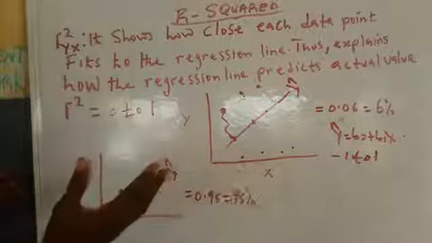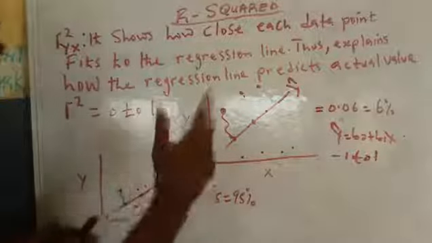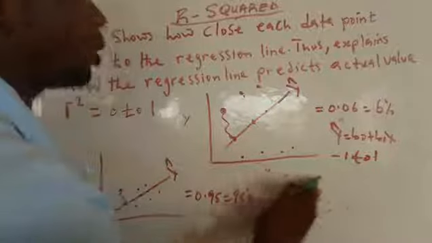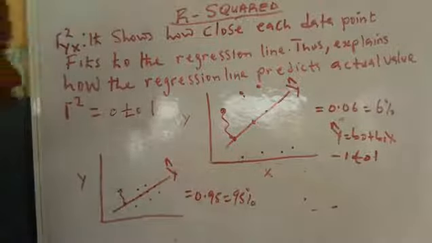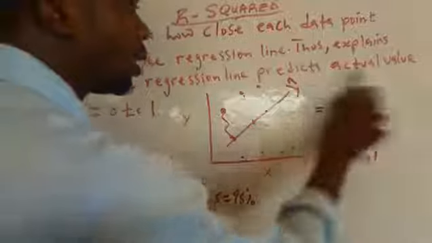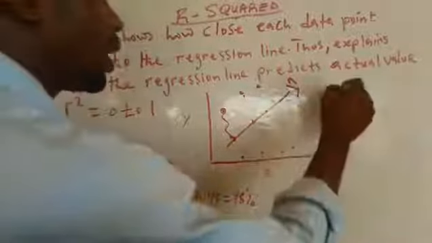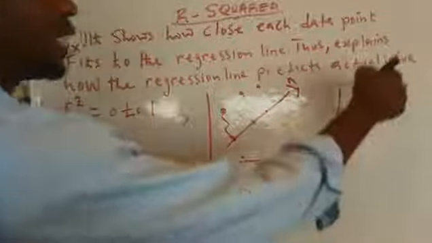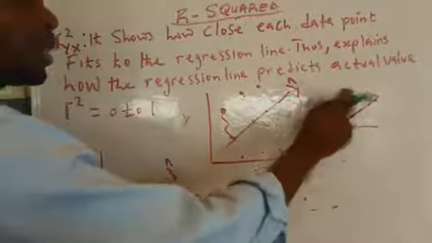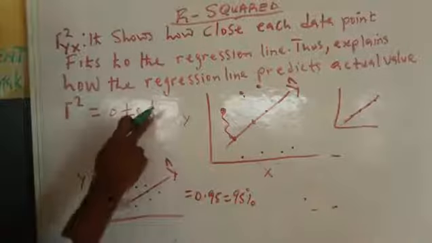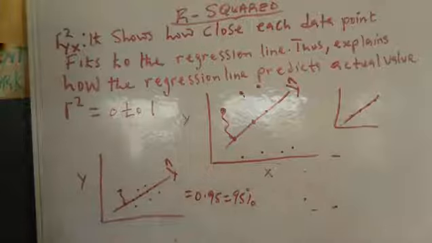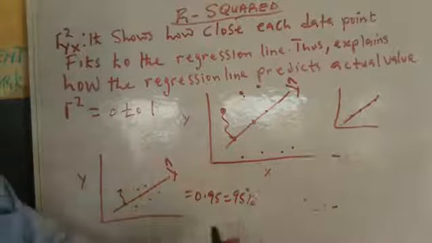Now, there can be a situation whereby you have something like this. This will happen when your answer is 1. When there is no deviating data point, it means your answer will be exactly 1. Just like when you're writing exams, if we give 0.95, convert it to a percentage, and you get how close it is.